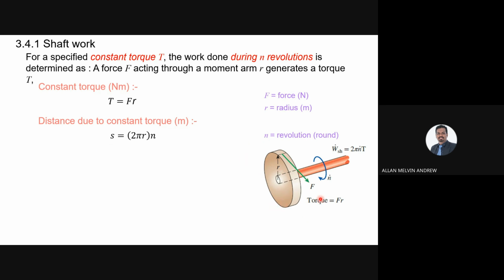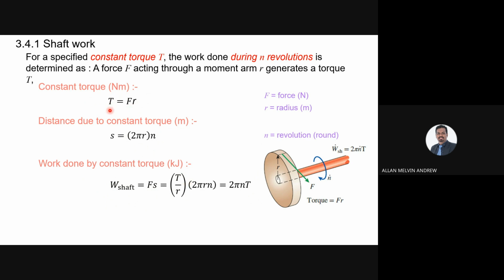Let's say 3 rounds, then you need to multiply by 3. Then the work done by a constant torque, the shaft work, equals Fs. We know the relation between force and torque, so you can rearrange this.